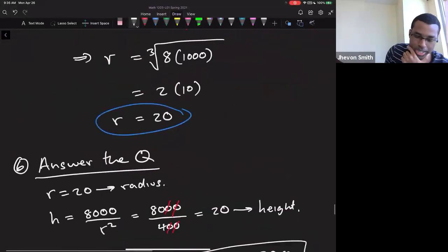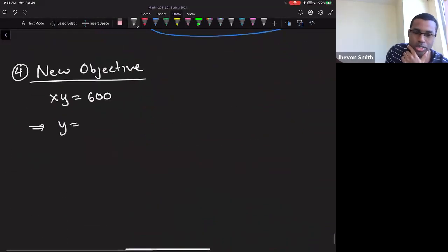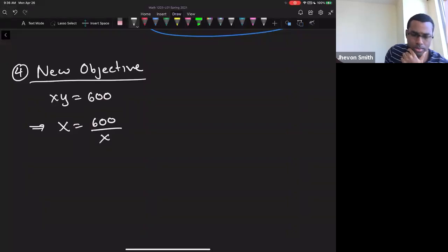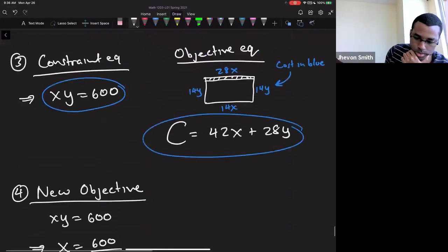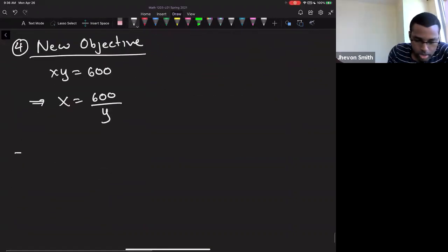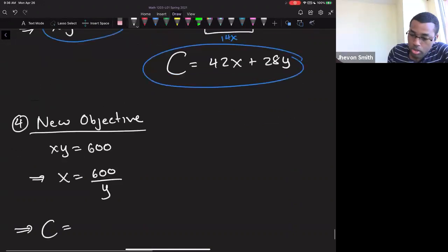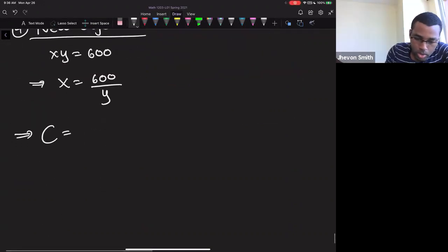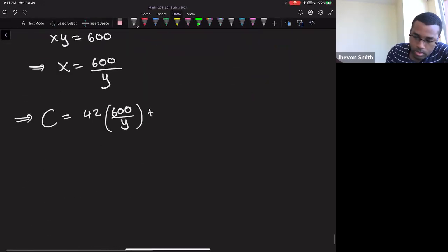I always solve for the Y. I don't want you guys to feel like that's what you should do. I'm going to solve for the X just for fun here, because I don't want you to think that you always have to solve for the Y. Solve for X. So now this means our cost is, I'm going to replace the X with that. So I'm going to have 42 times 600 over Y plus 28Y.